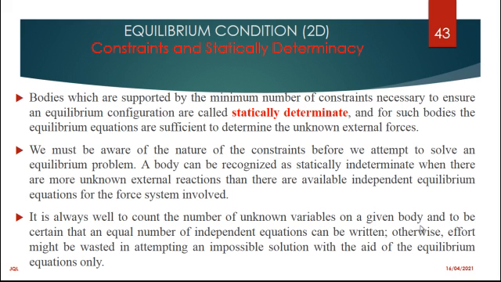Bodies which are supported by the minimum number of constraints necessary to ensure an equilibrium configuration are called statically determinate. And for such bodies, the equilibrium equations are sufficient to determine the unknown external forces. For statically determinate bodies, you only need the basic equations of equilibrium to find the unknowns.